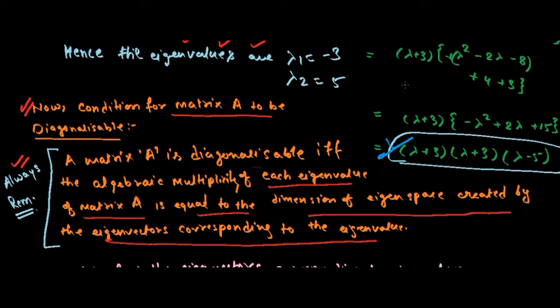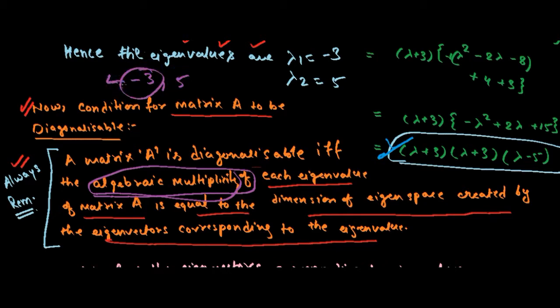It may seem like a difficult statement, but let me explain a few terms. Let's take algebraic multiplicity first. When we said that we have two distinct eigenvalues, in our case minus 3 and 5, we know that minus 3 is repeating 2 times.